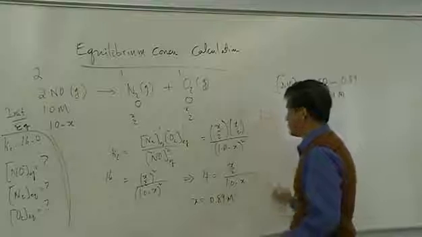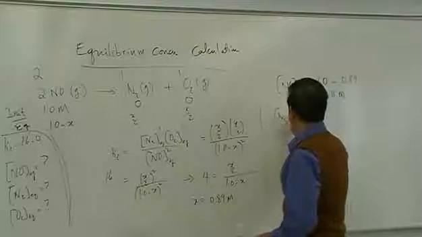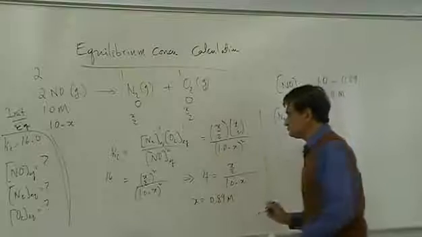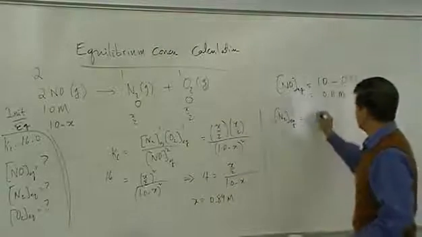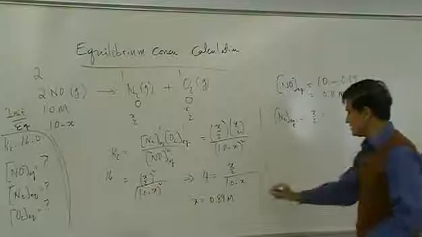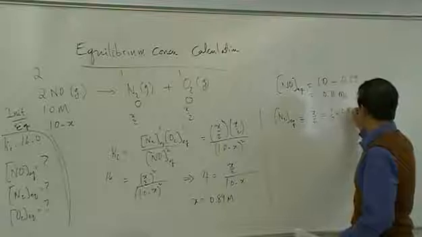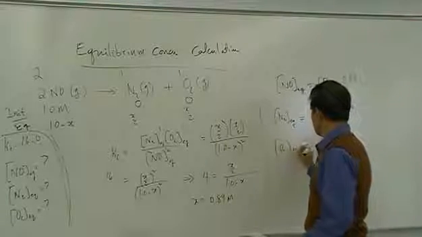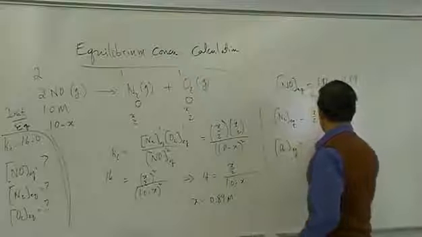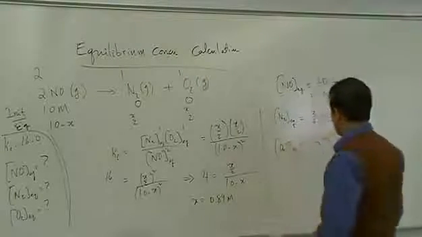Now, what about N2 concentration at equilibrium? 0 plus X over 2, which is X over 2. We already know the X value, which is 0.89. So it's basically half of 0.89. Similarly, for oxygen, the value at equilibrium is going to be half of 0.89, because that's also X over 2.